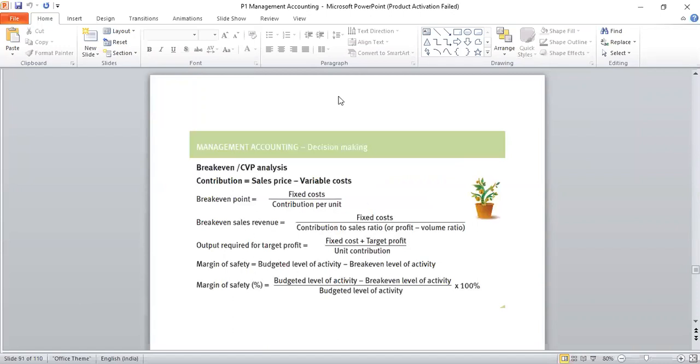The logic with margin of safety is, the formula says the numerator has budgeted level of activity minus break-even level of activity. So the numerator is basically margin of safety. So margin of safety by budgeted level of activity into 100. So if budgeted sales is 100%, then what is the margin of safety in terms of percentage?